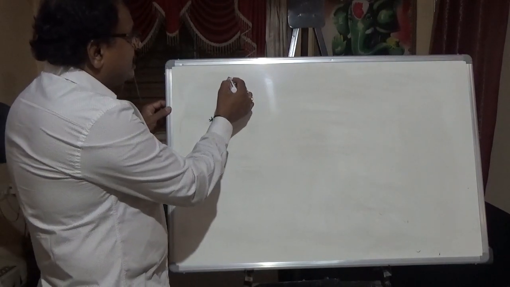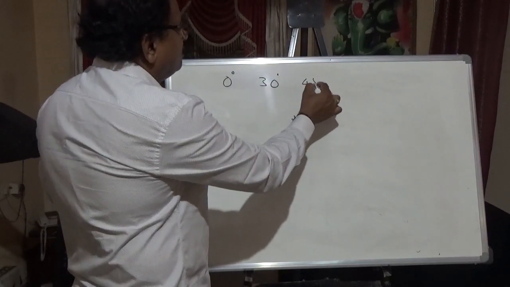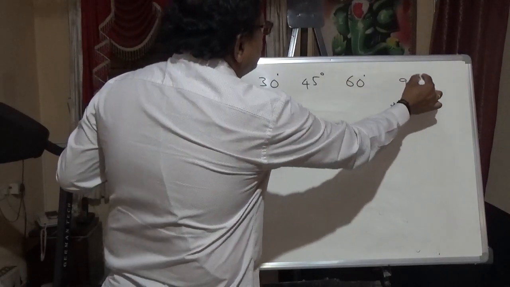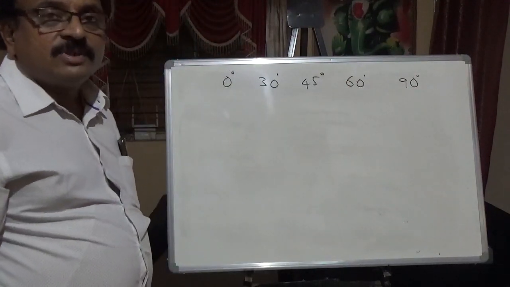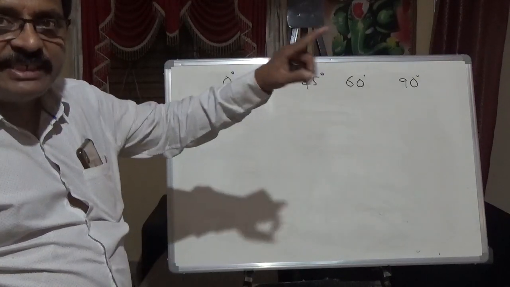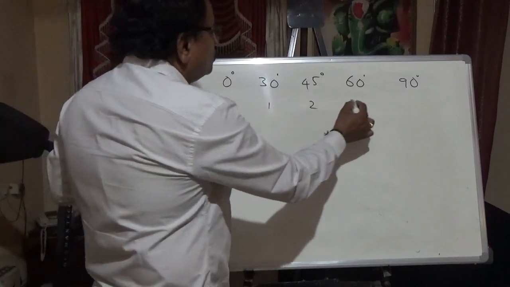First we need to take 0 degrees, 30 degrees, 45 degrees, 60 degrees and 90 degrees. First we write 0, 30, 45, 60, 90. Under these values write 0, 1, 2, 3, 4.